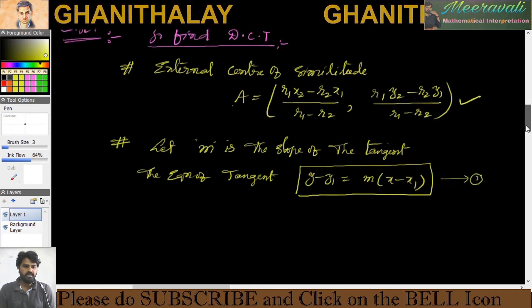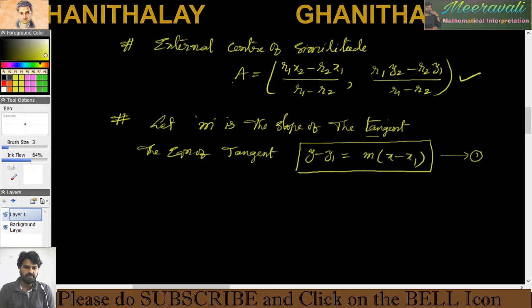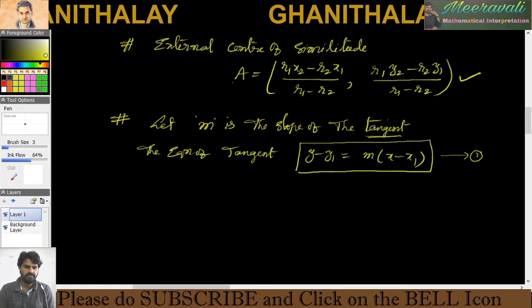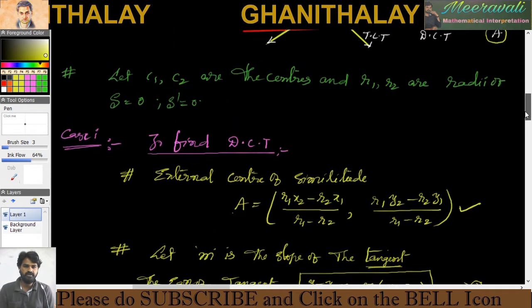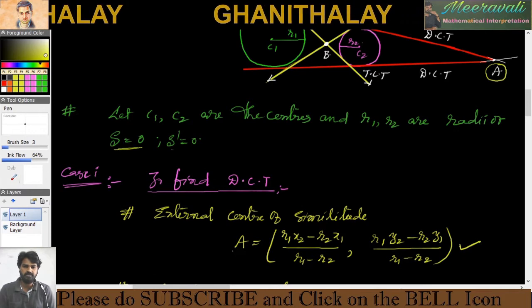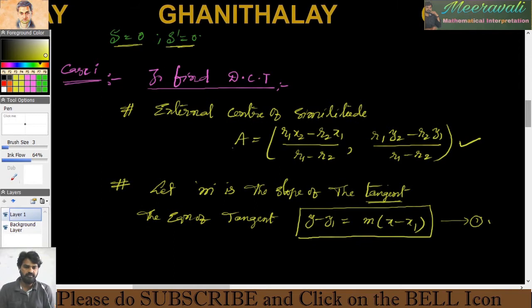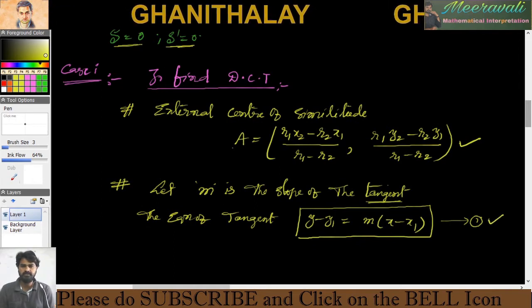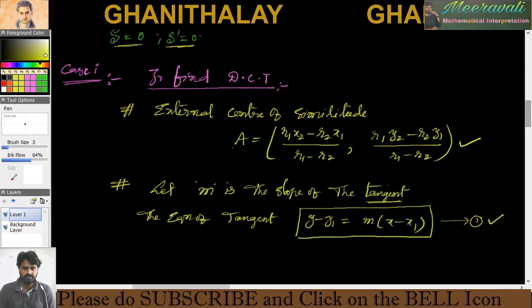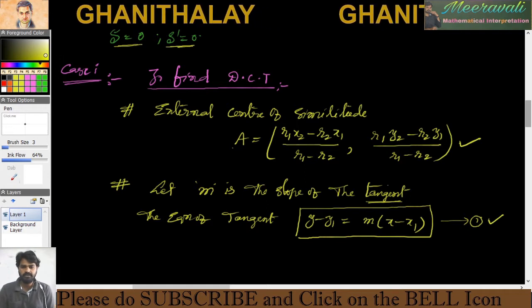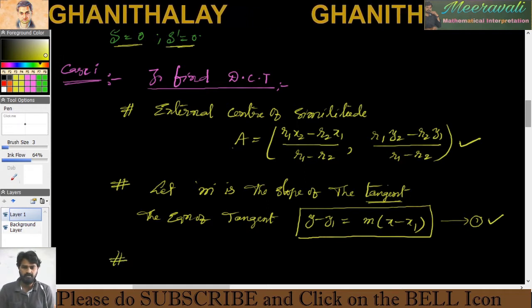Now this equation 1 is a tangent to either of the circles, S equals 0 or S dash equals 0.